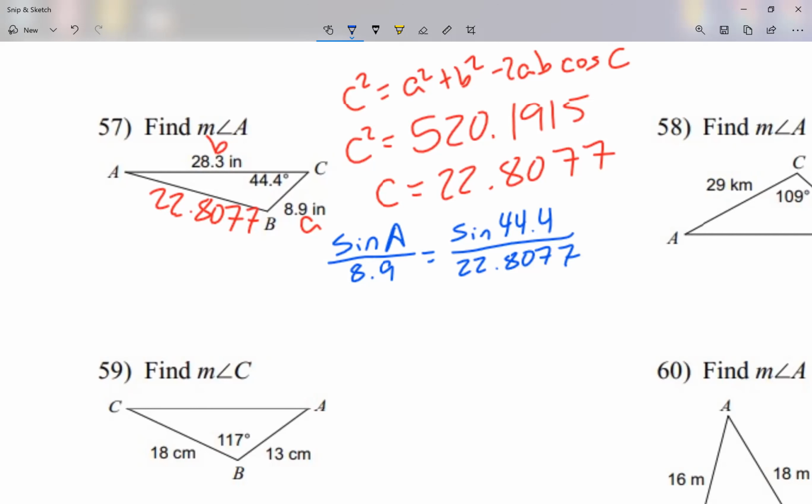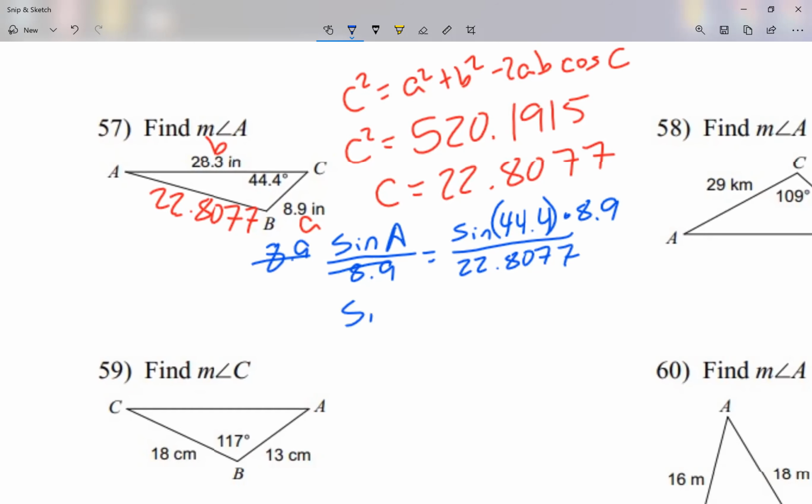Sine of A over side A equals sine of C over side C. Every time you have an angle on the opposite side, you're going to move into the law of sines. So I'm going to multiply both sides by 8.9.